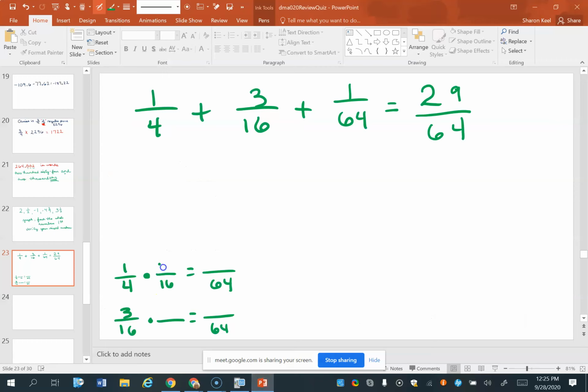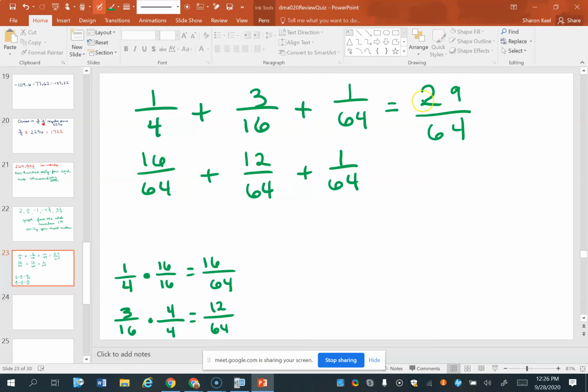So 1 times 16 is 16, so this would be 16 64s. Here, 16 times 4 is 64, and 3 times 4 would give us 12. The last one we would not have to change. So 16 and 12 is 28. 28 and 1 is our 29/64.